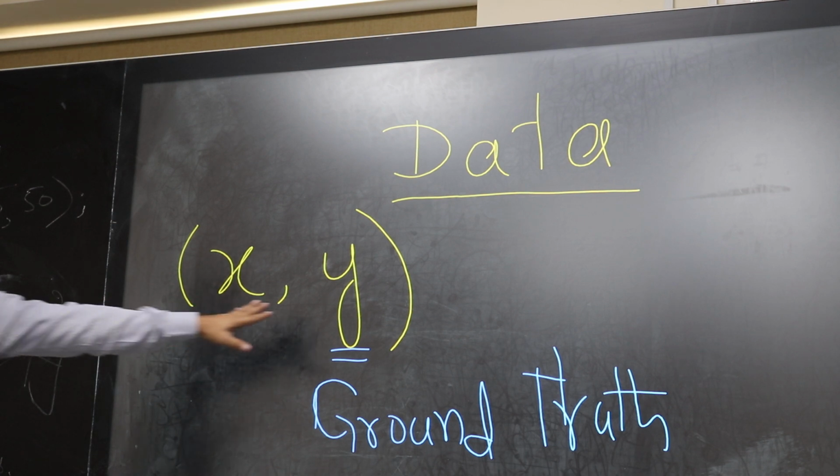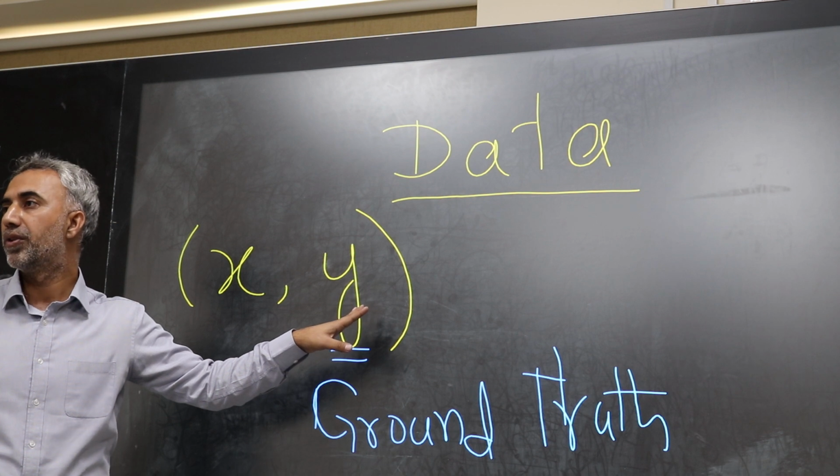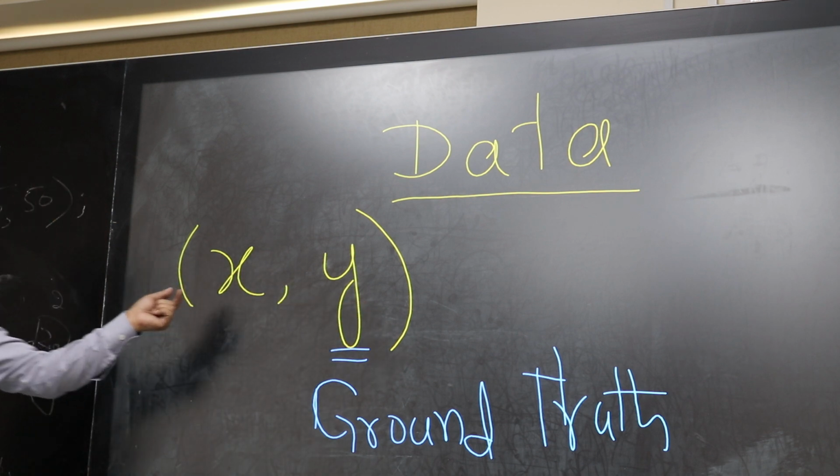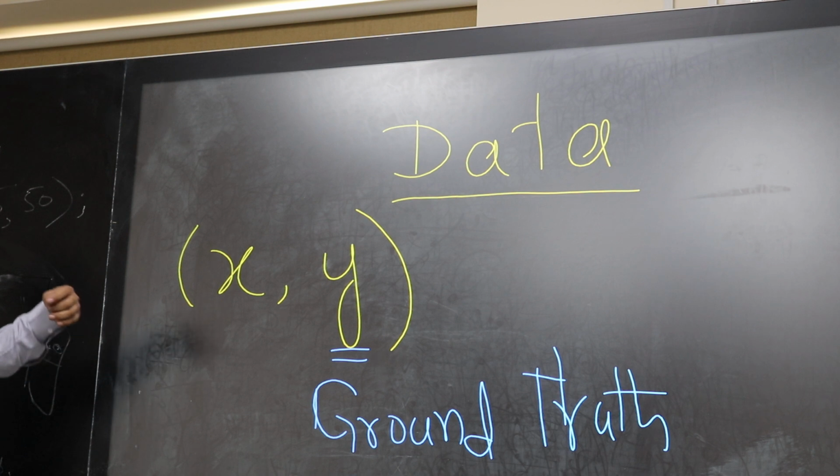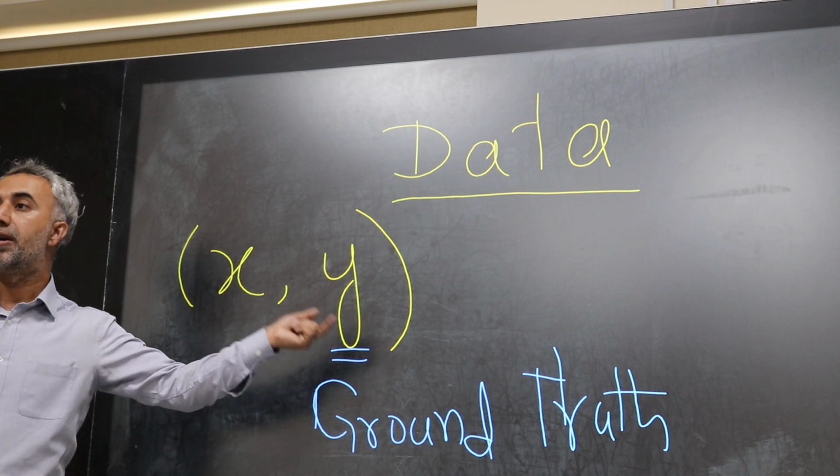So output Y is 4 GPA. X may be the features: regular students, hard-working students, brilliant students, whatsoever input, but this is a ground truth.